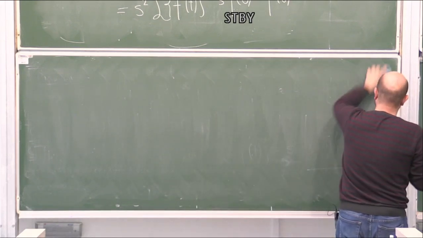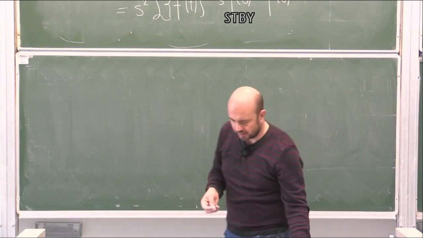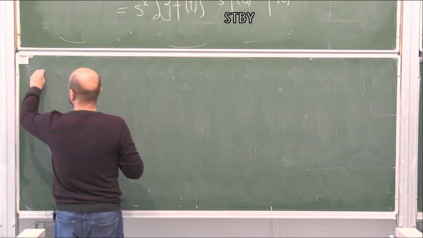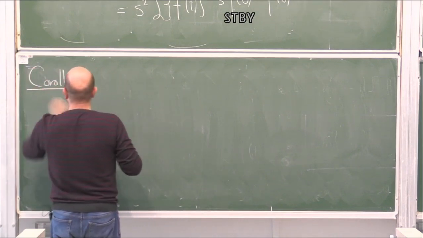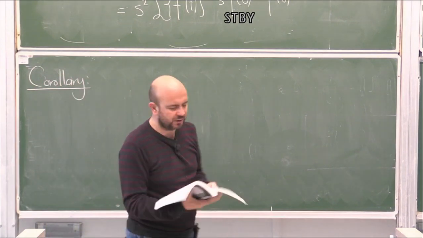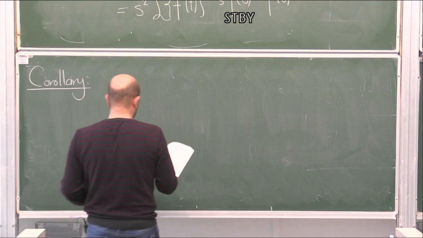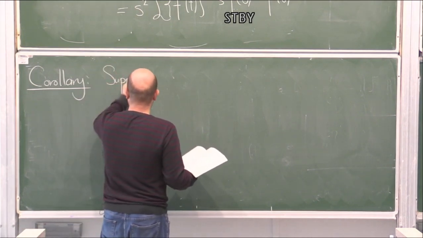Let me write it. I erased it. Let me write it rigorously so you can follow this. It's coming from just the previous one. So a corollary is just a simple conclusion we get from the first one.